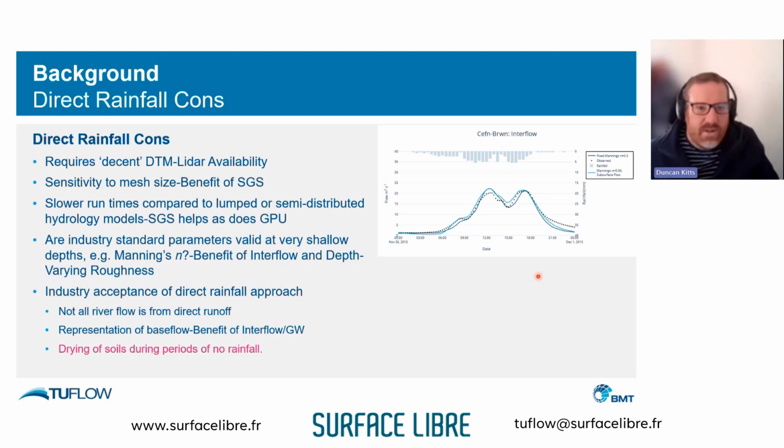Any question there, Arno? Yes, two questions before you switch to interflow. If I'm correct, TUFLOW also allows subgrid sampling for the soil parameters and Manning's, right? It does, but we wouldn't recommend it at the moment.